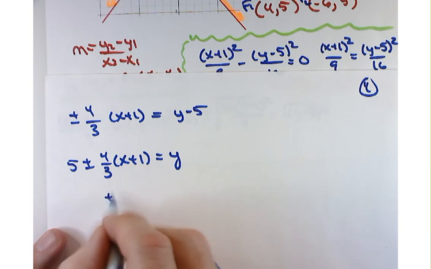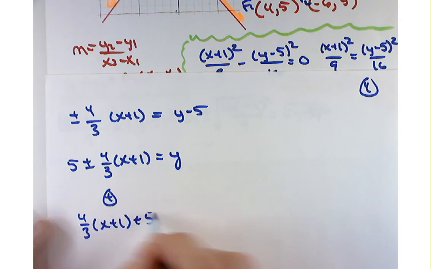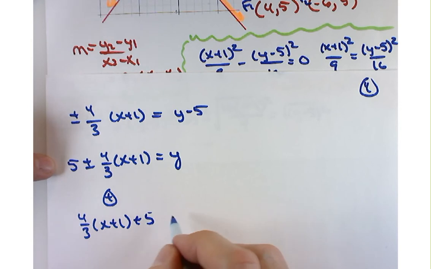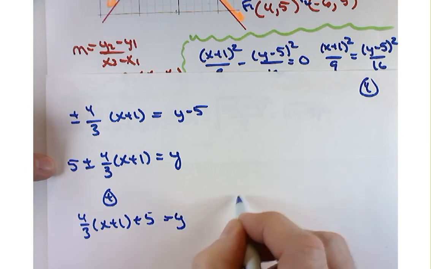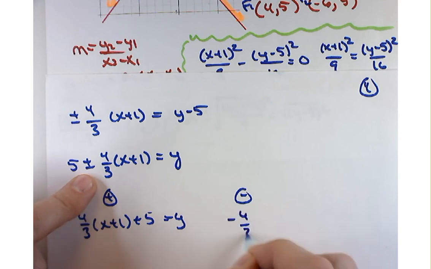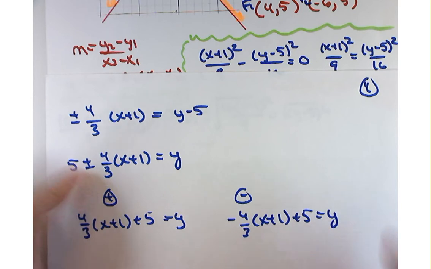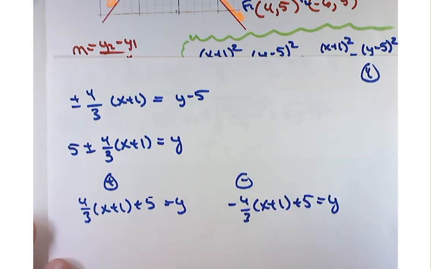The positive case: 4/3 (x plus 1) plus 5. And then the negative case, that'd be minus 4/3 (x plus 1) plus 5. But there's your two equations.